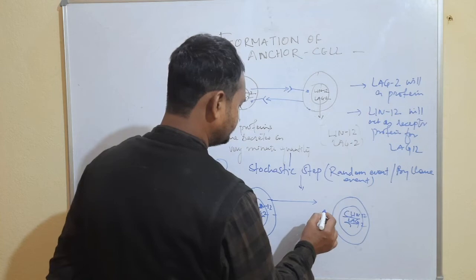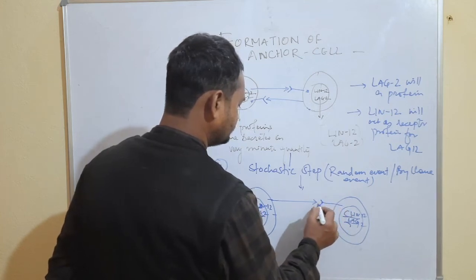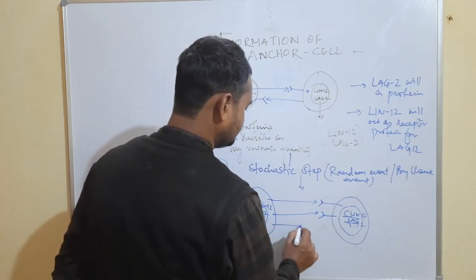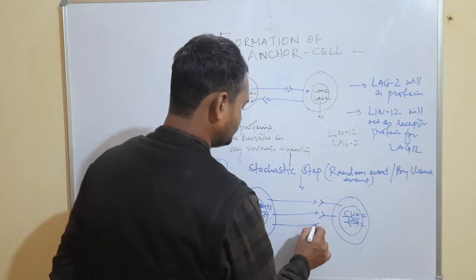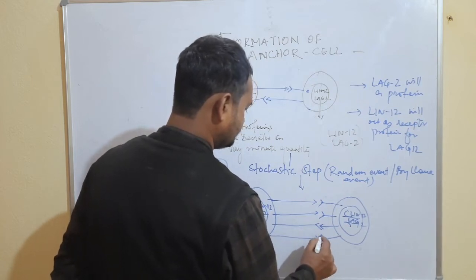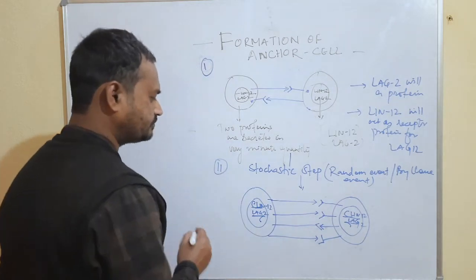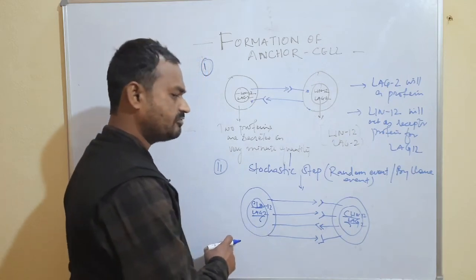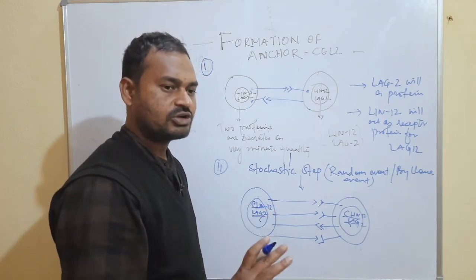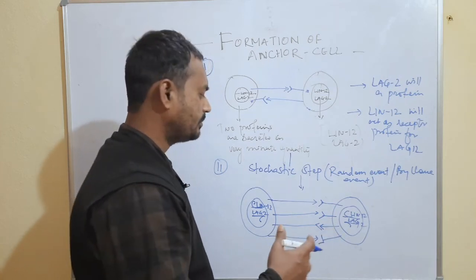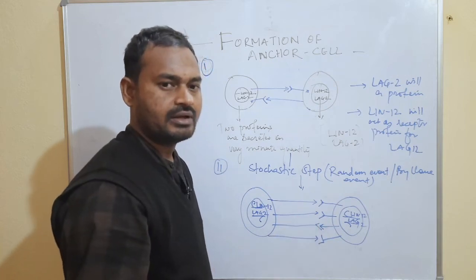Now one of the cells will start to produce lag-2 in more quantity, and another cell will start to produce lin-12 in excess amount.